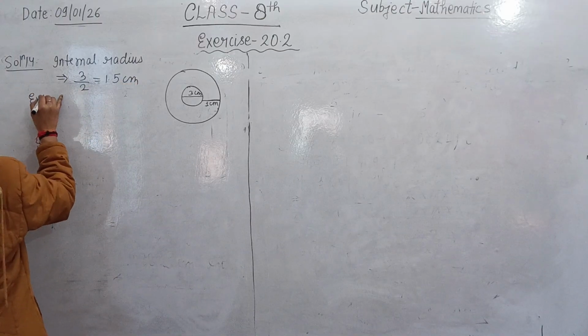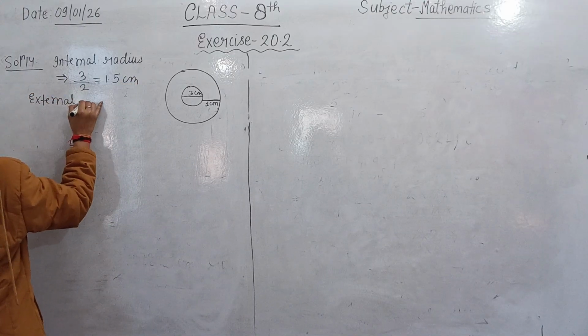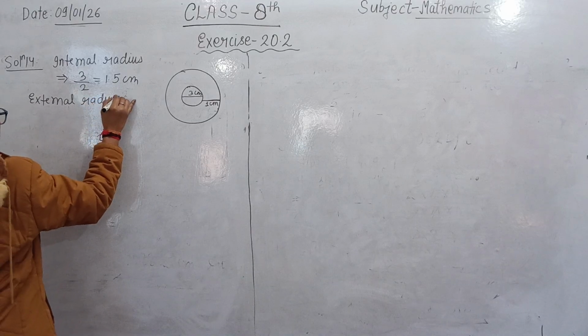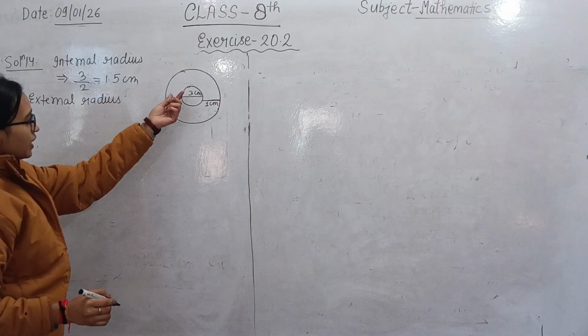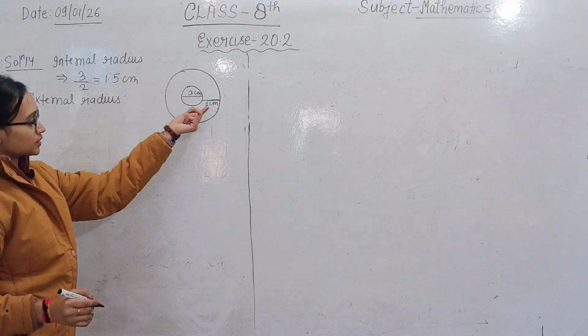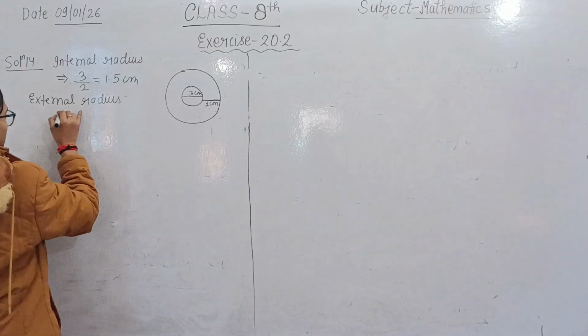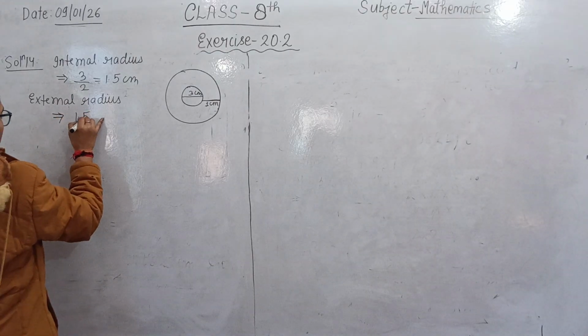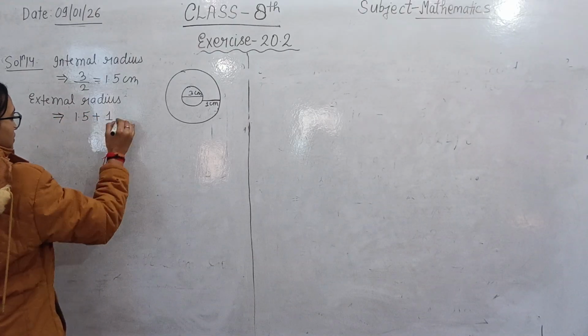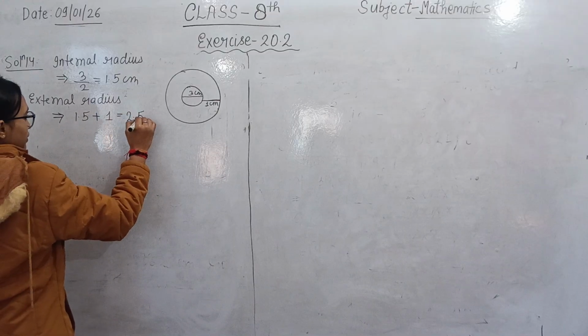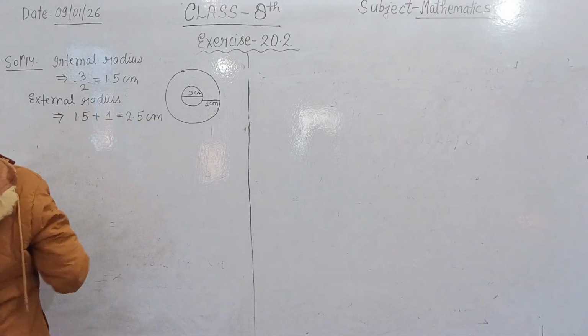Similarly, we will calculate the external radius. When we add this radius and this thickness, we will get the radius of this. So 1.5 plus thickness will be equal to 2.5 centimeter.